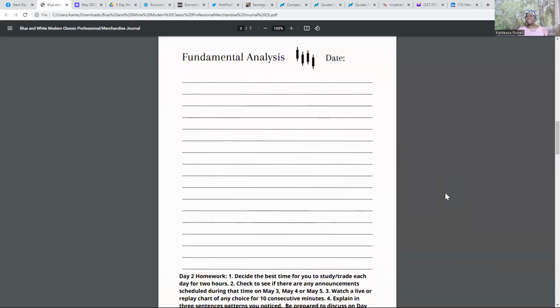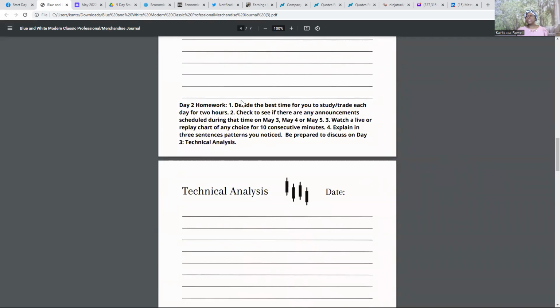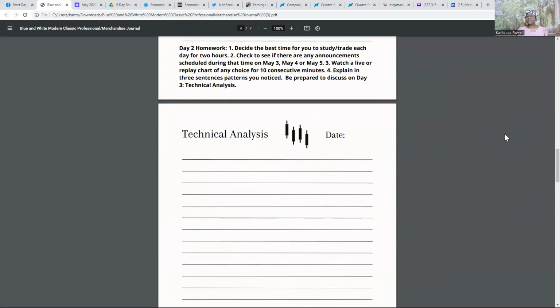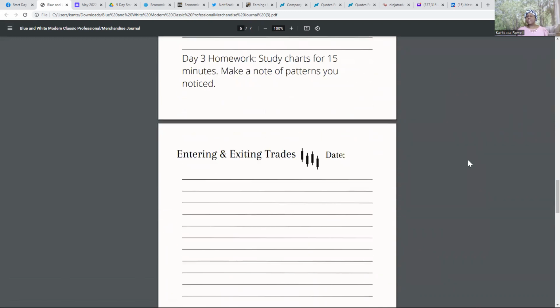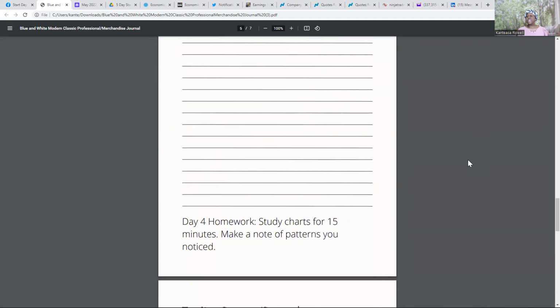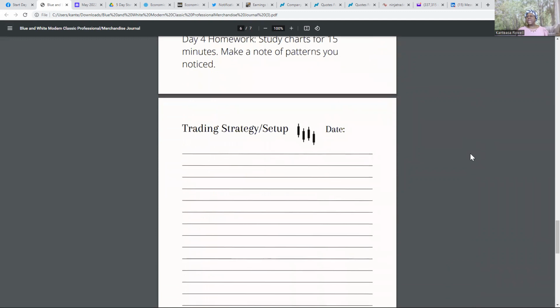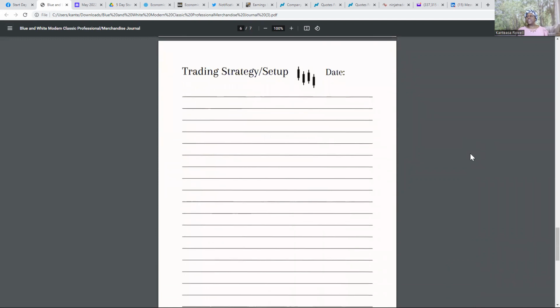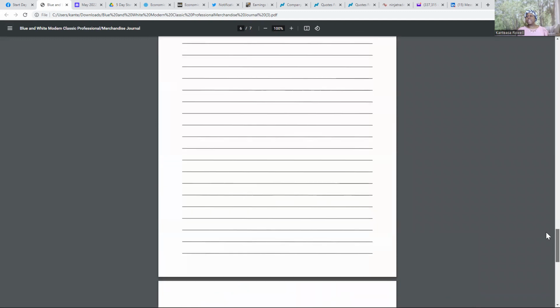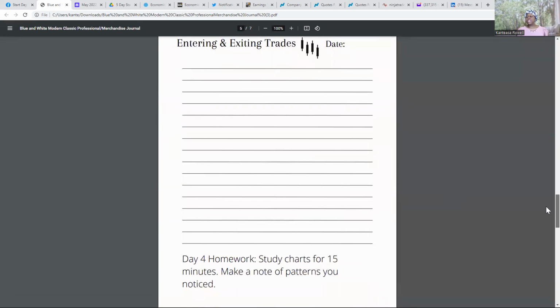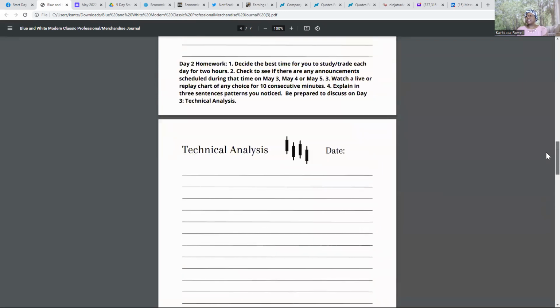Then fundamental analysis, as well as the homework listed there, technical analysis, and then the homework for day 3. And then there's entering and exiting trades, then homework for day 4. And then day 5, trading strategy, trading your setup. So this is the journal that you can use for the duration of this challenge.